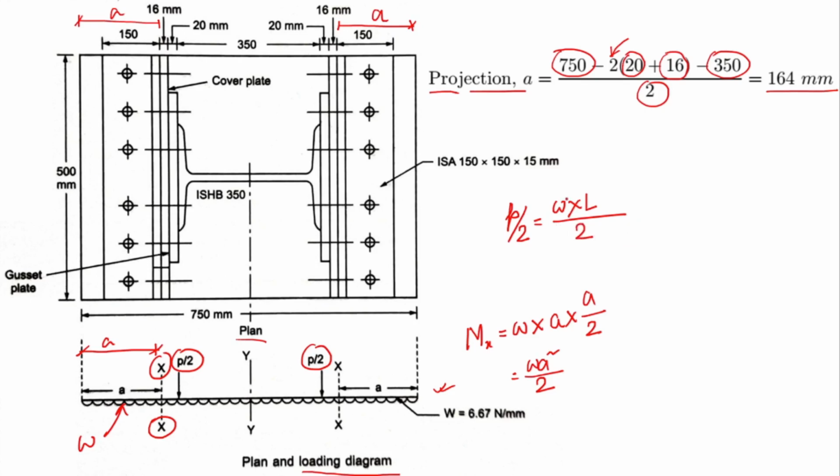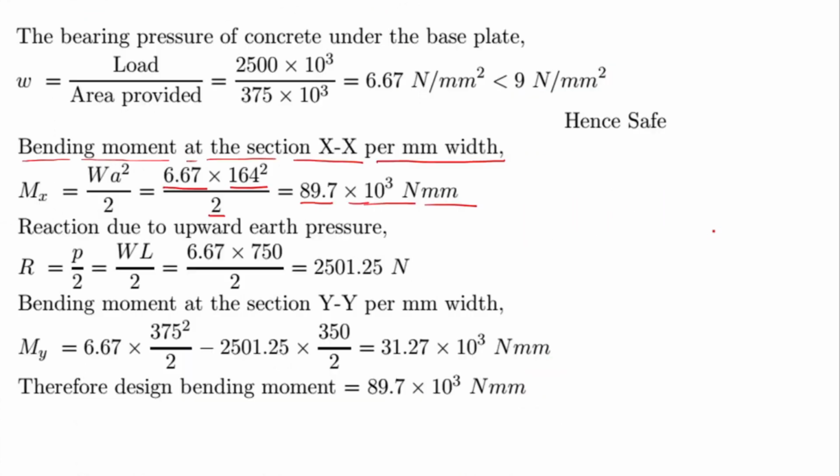So each support will carry this much of load. That means 6.67 into total length 750 divided by 2. So reaction due to upward earth pressure is calculated as 2501.25 Newton.